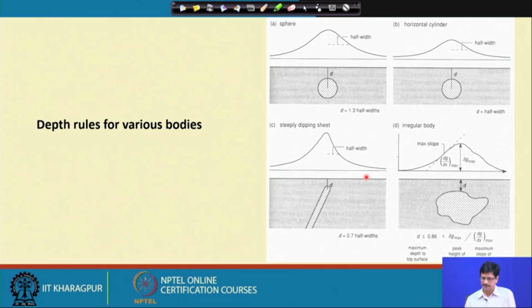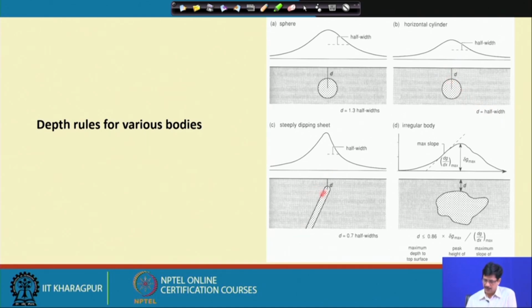And here the depth rule also applies. Depending on the kind of shape of the body that we presume, if it is a spherical shape, we can take the peak at half height and the half width at half height. This is the width at half height, and a simple formula gives the depth to the center as about 1.3 times the half width.